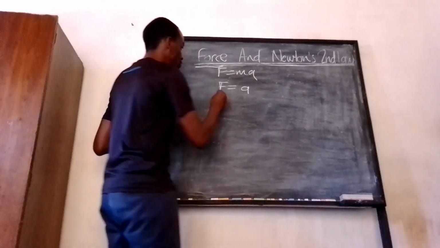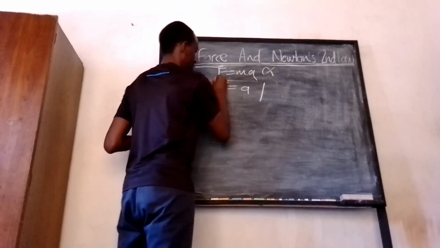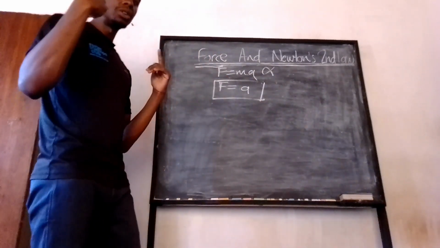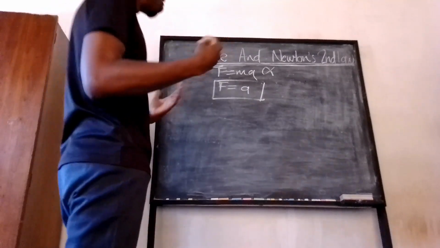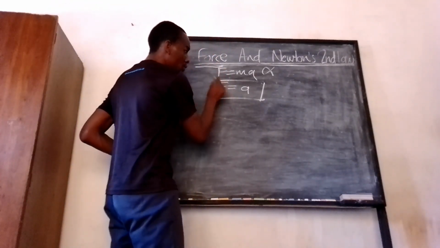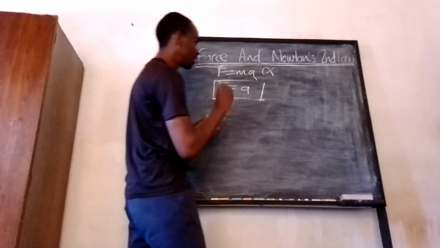This is what I want you to think about, not this. You want Newton's second law to be easy for you to digest, so you better think of it in this way, not in this way. Let me give you an example.